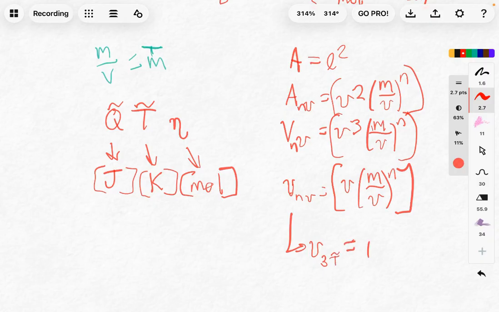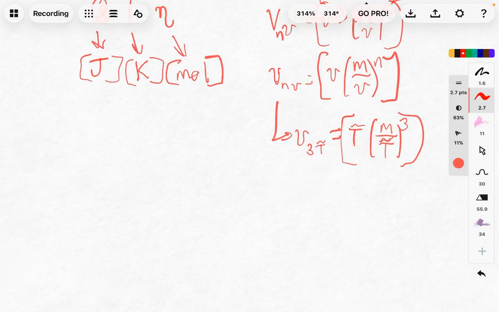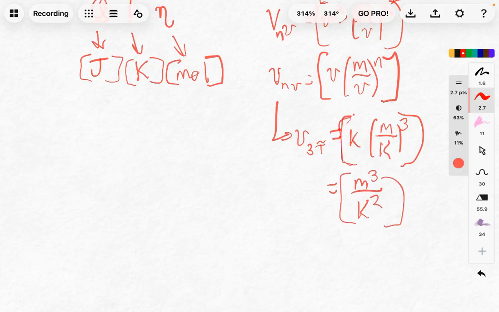That would just be temperature times meters per temperature cubed. Or in other words, those units would just be meters cubed per Kelvin squared. And temperature there should just be Kelvin, actually. Not that that specific case will be useful, but it's nice to know about.